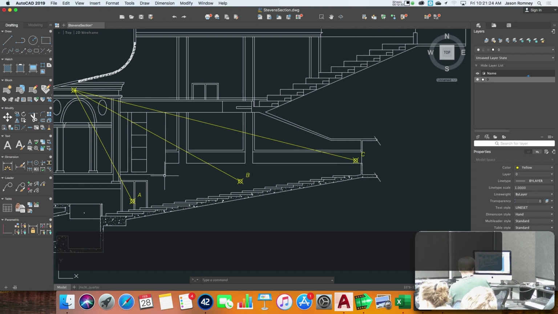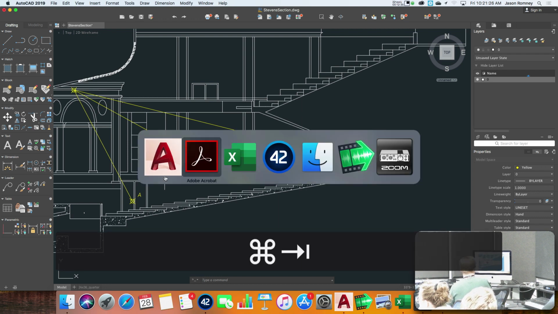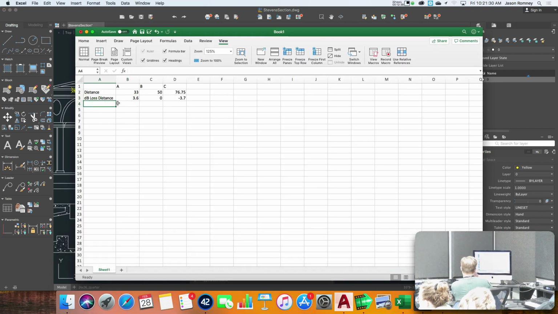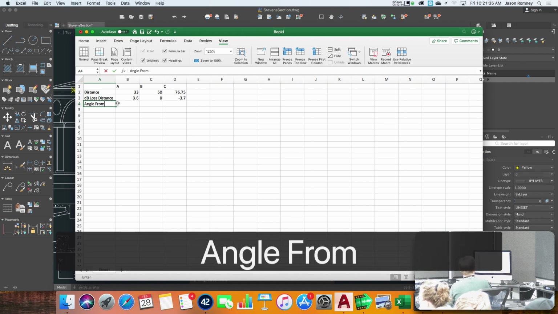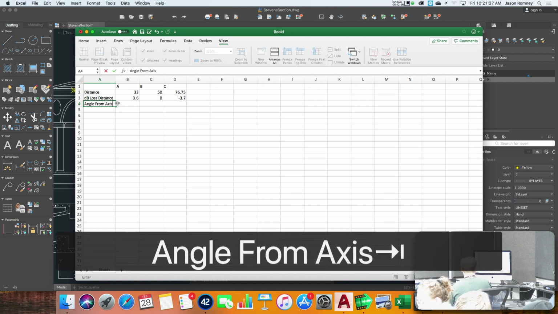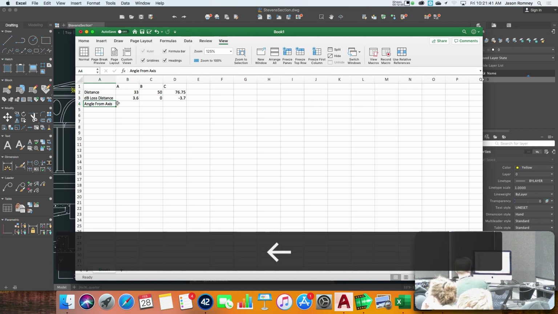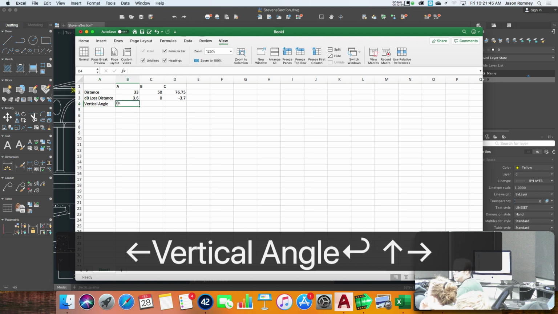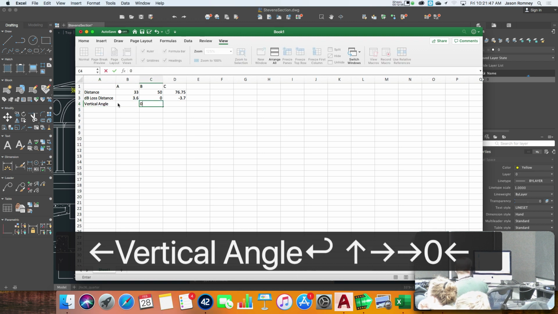So the first thing I want to do is say angle from axis. So this is vertical angle, I'll just call that vertical angle. This is how far off am I from the axis? Well, in this case, B is 0 because that's where I pointed it, right? But what about A?